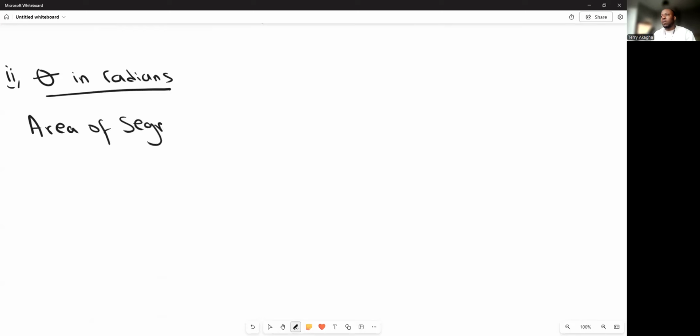All right, so number 2. Now if theta is in radians, the same thing, the area of a segment is equal to area of sector minus area of triangle.